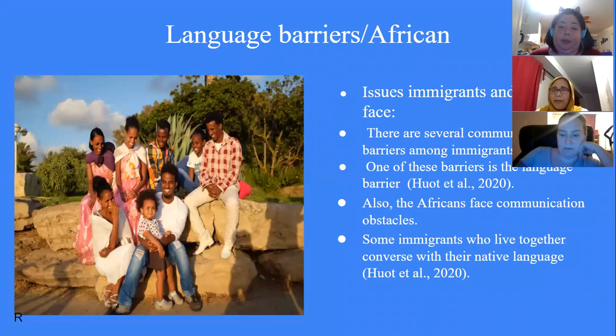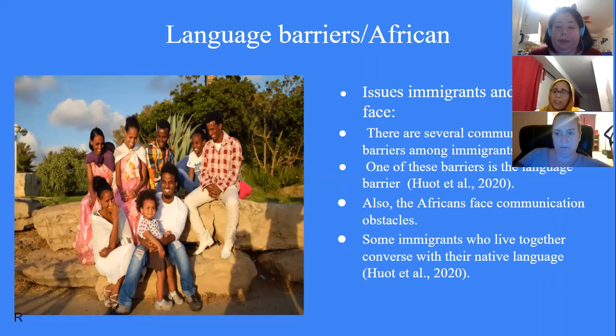Here, language barriers for African people in Canada. There are several communication barriers among immigrants in Canada. The first one is the language barrier, since most Africans are only conversant with their native language, making it hard for them to learn and adapt to the national language in Canada.